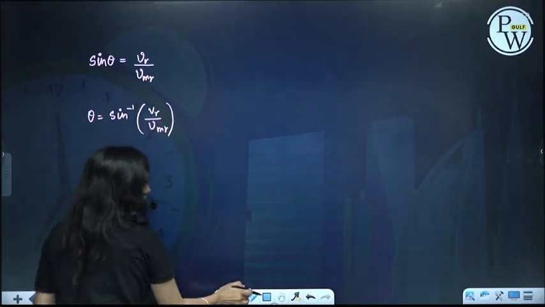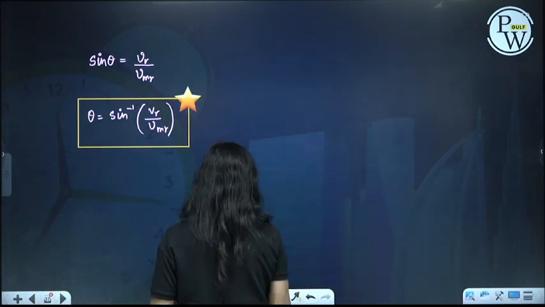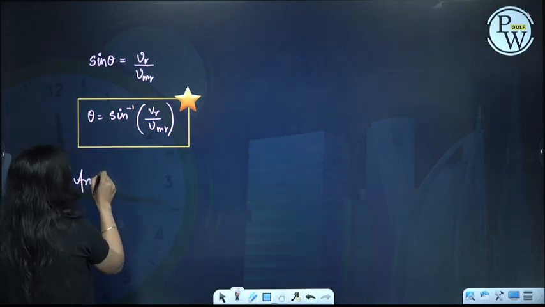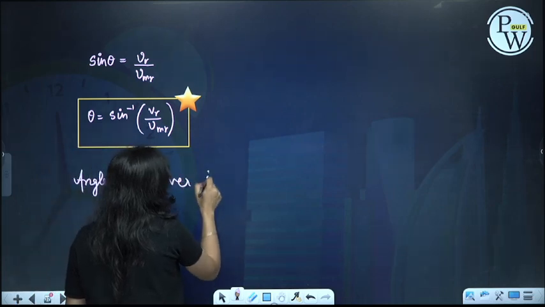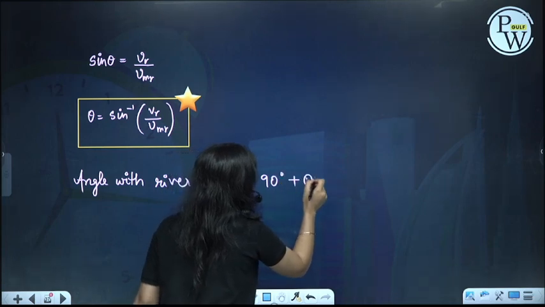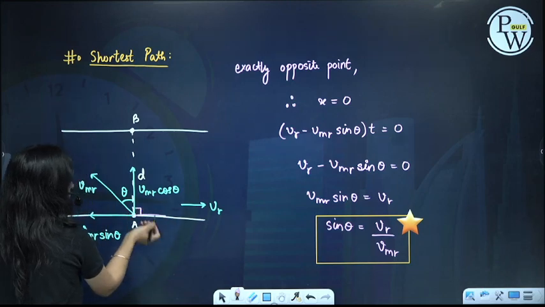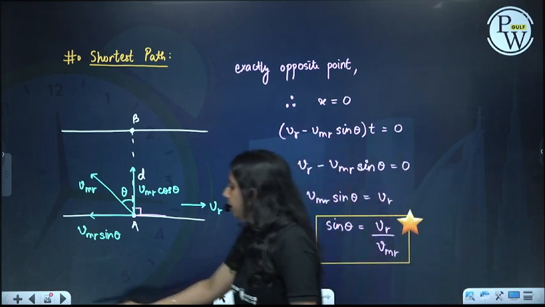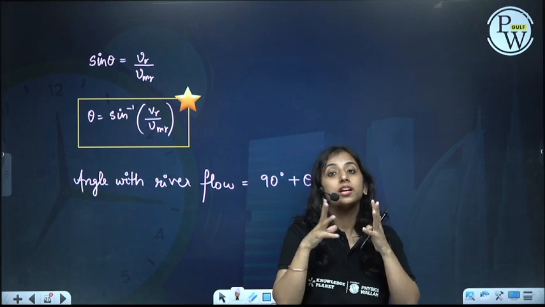This is the angle with the vertical or perpendicular. Angle with river flow will be 90 degree plus theta. River is flowing in this direction, so the angle will be 90 plus theta with the river flow.